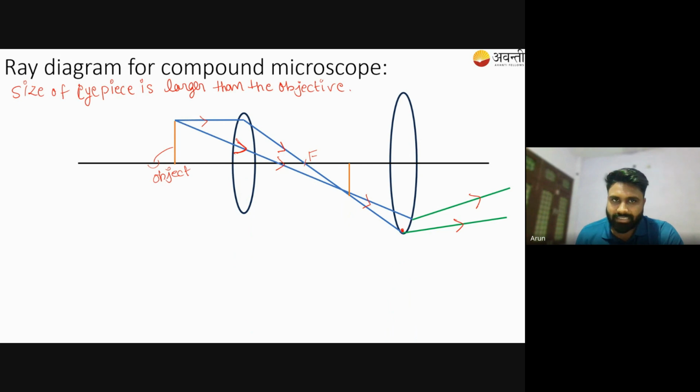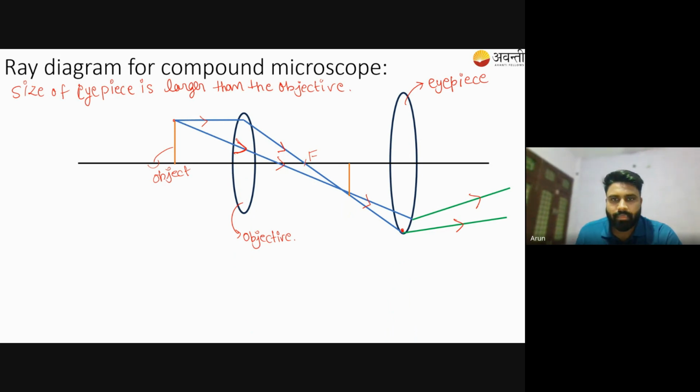Is it objective or eyepiece? Tell me. Because this lens is placed nearest to the object, it is said to be the objective. Okay, got it? And the other one is the eyepiece. Eyepiece is larger than the objective.